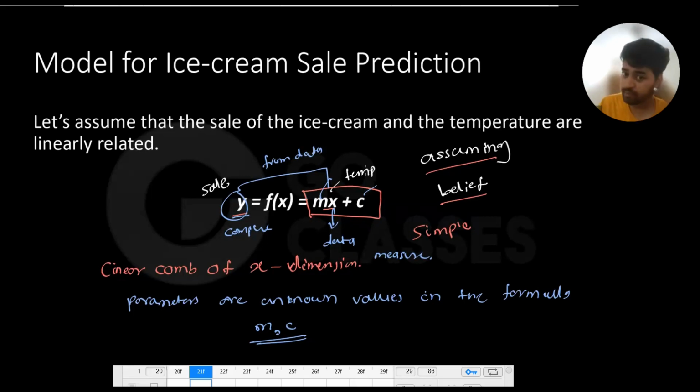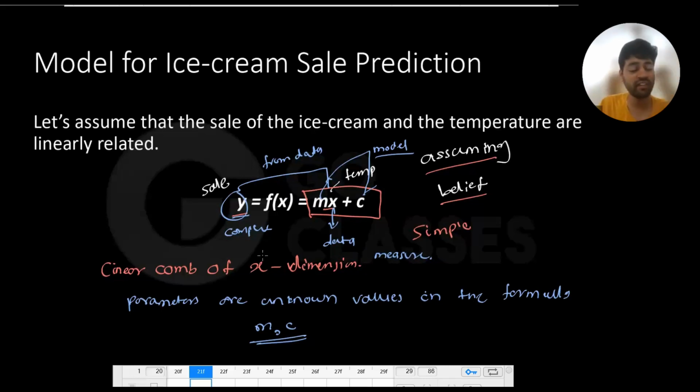But m and c come from your model, not from your data. You made certain assumptions, and based on that, m and c come up. This is why we call them model parameters, m comma c. And now we will use optimization to find m comma c.